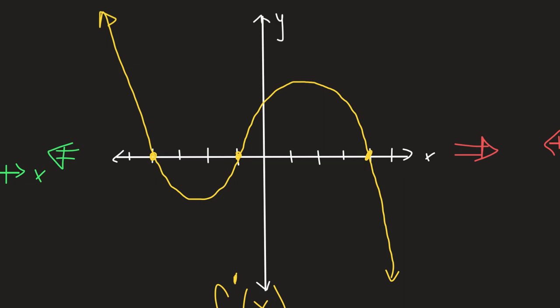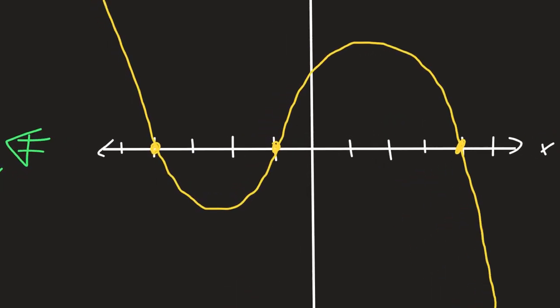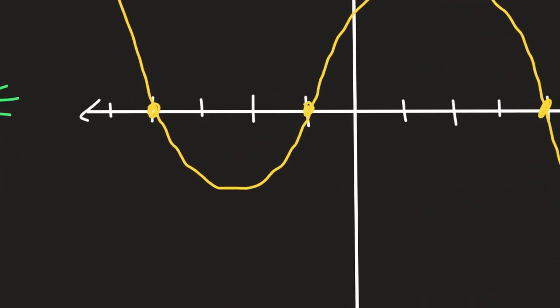It tells us a couple of things. Number one, whenever our f prime crosses the x-axis, that means your f graph either has a maximum or a minimum, because that's a zero. The zero on f prime means your original graph has a horizontal tangent line, and a horizontal tangent only occurs at a max or min.